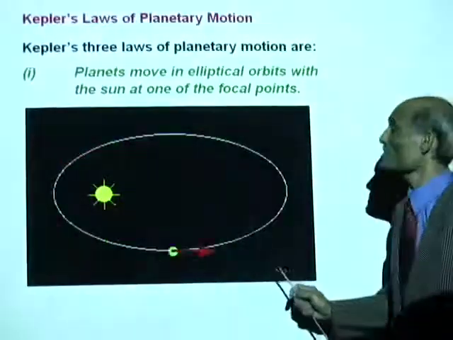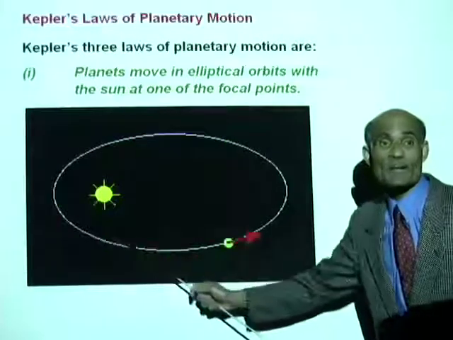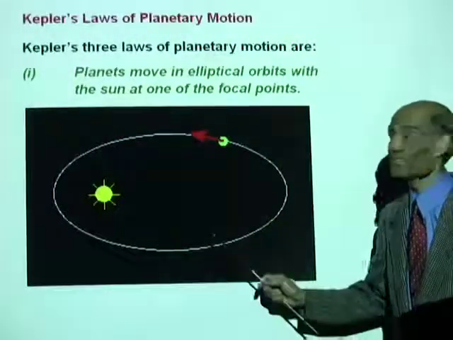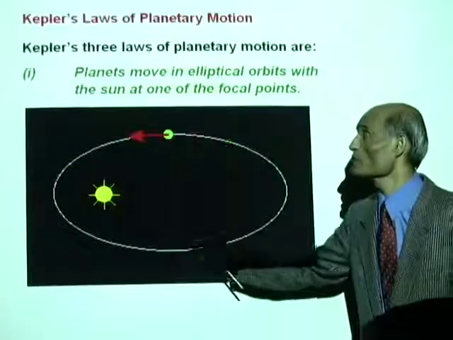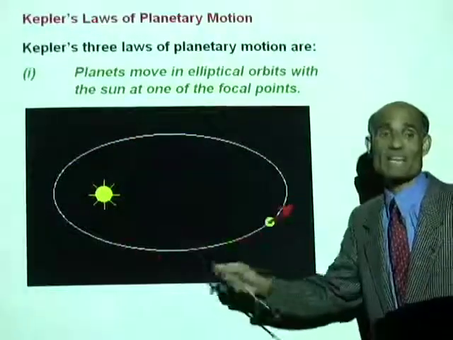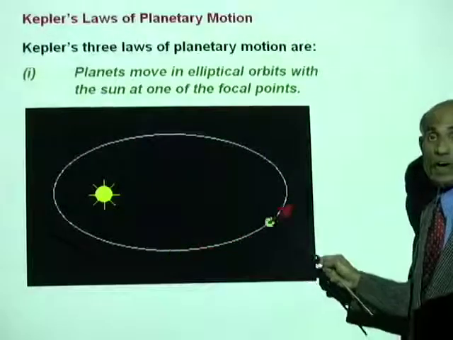Now here's an illustration of it. Planets move in elliptical orbits with the sun at one of its focal points. You can see in this ellipse, the sun is at the focus. The other focus will be somewhere over here.